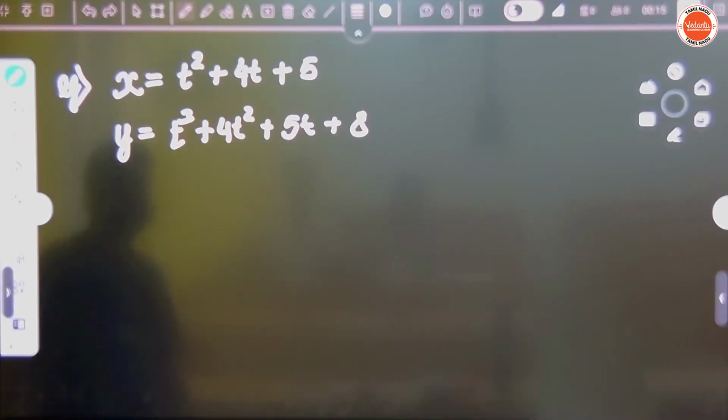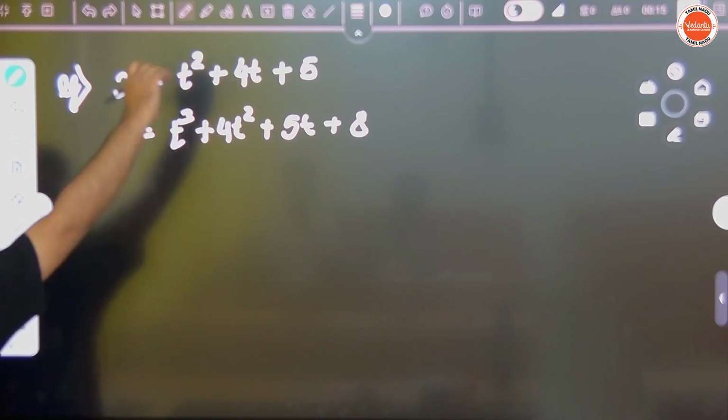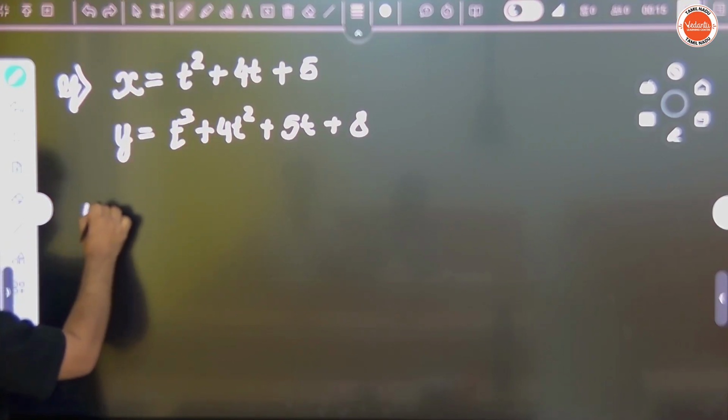Correct? Then they ask, what will be the net acceleration of the object?